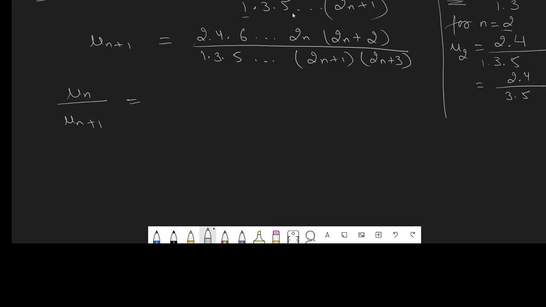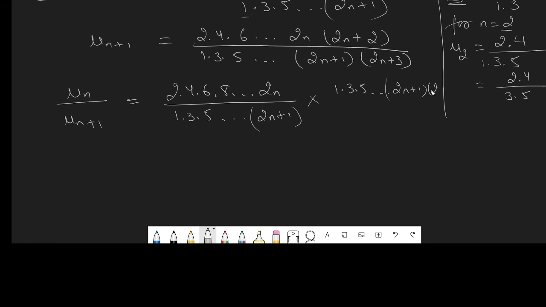So it will be equal to 2 into 4 into 6 into 8 up to 2n divided by 1.3.5 up to 2n plus 1, multiplied by 1.3.5 up to 2n plus 1, 2n plus 3 divided by 2 into 4 into 6 up to 2n plus 2. So now we cut the common terms, and we are left with only 2n plus 3 divided by 2n plus 2.